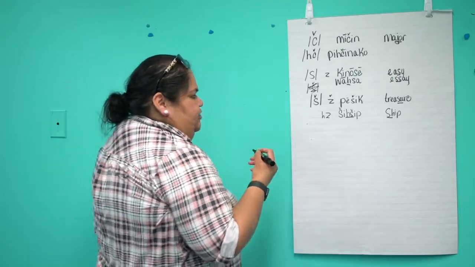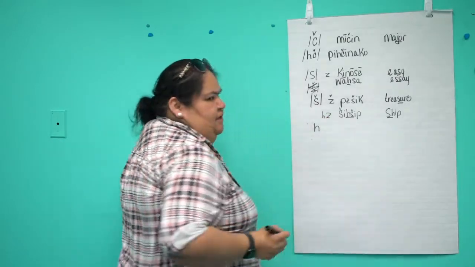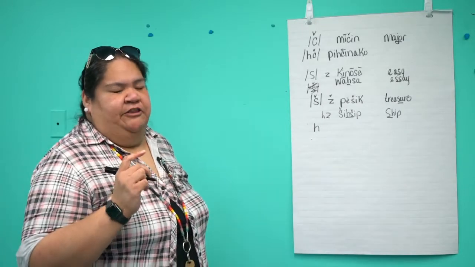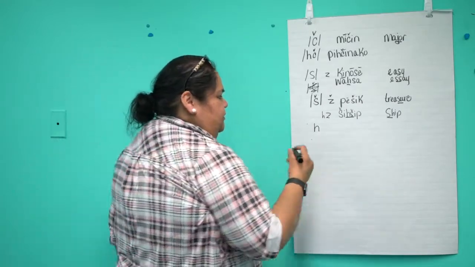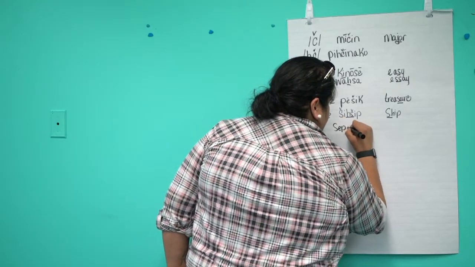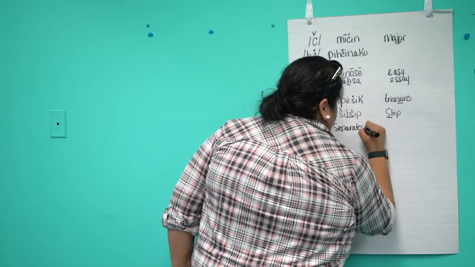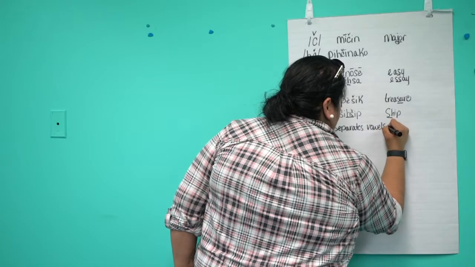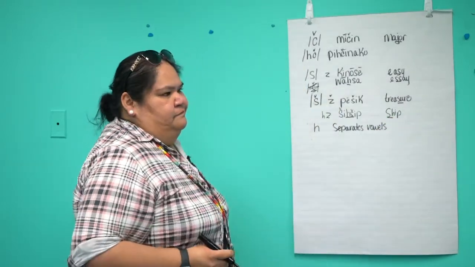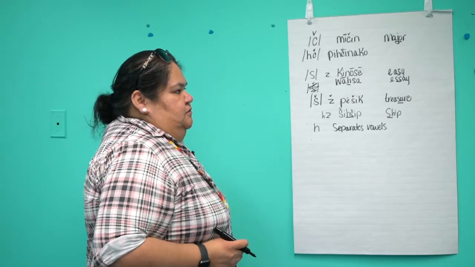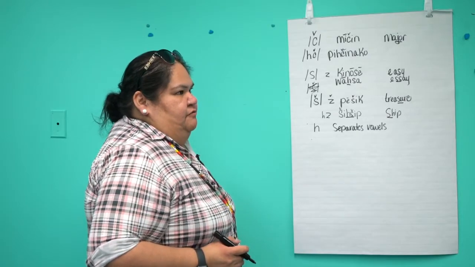You'll see H in here. The H does not make the H sound. It just separates vowels. It separates vowels, or it could be like, what can be an example of a glottal stop?